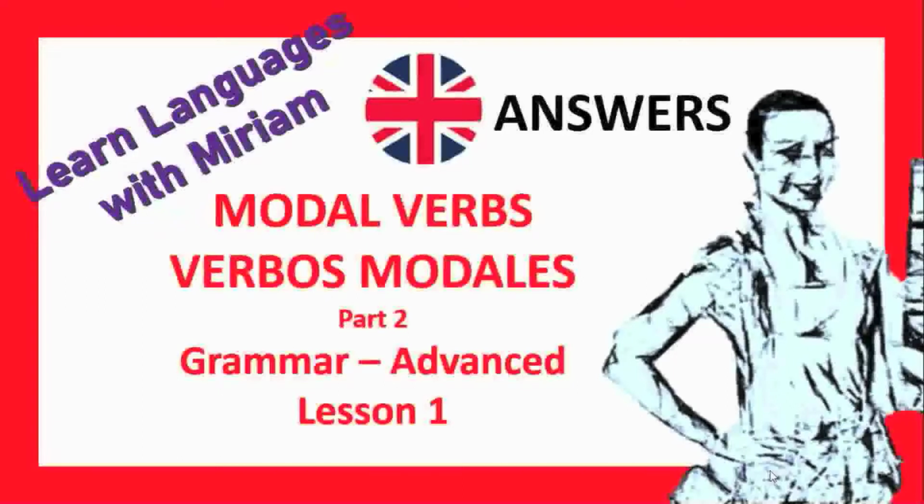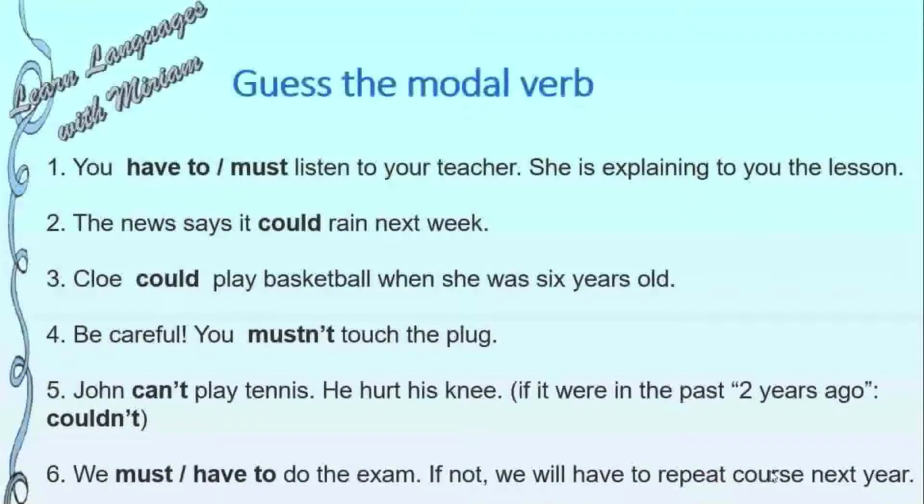Let's start! So in the first exercise it said guess the modal verb. First sentence. You listen to your teacher, she is explaining to you the lesson. So the correct answer is you have to or you must listen to your teacher.